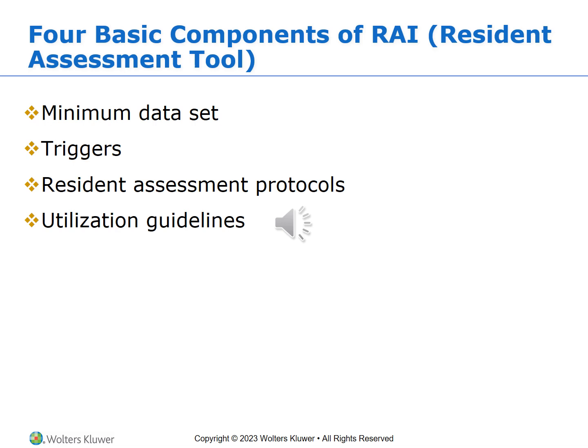It triggers certain areas of the patient's care plan that must be addressed. In addition to that, it provides guidelines for care for that patient, and it is utilized for reimbursement. So with those utilization guidelines, it is submitted to the state, which determines the facility's reimbursement for the care they are providing. So this is a very important document.